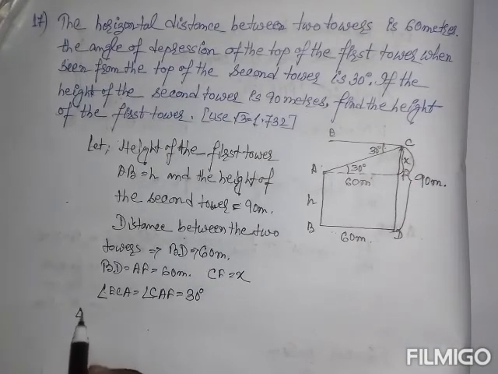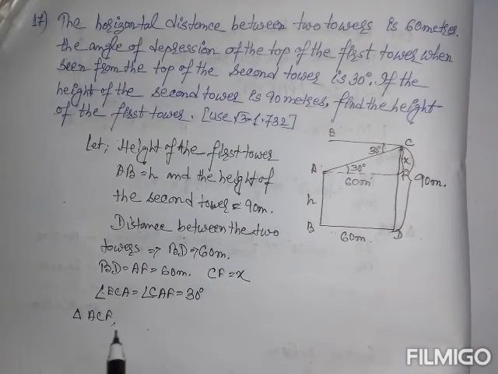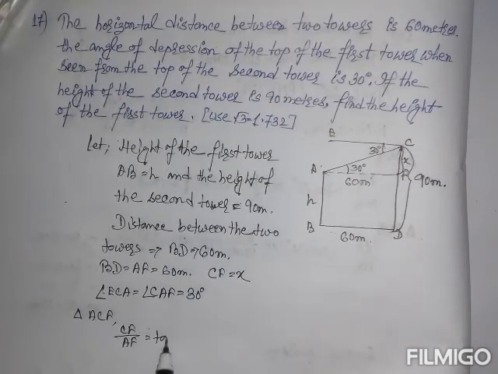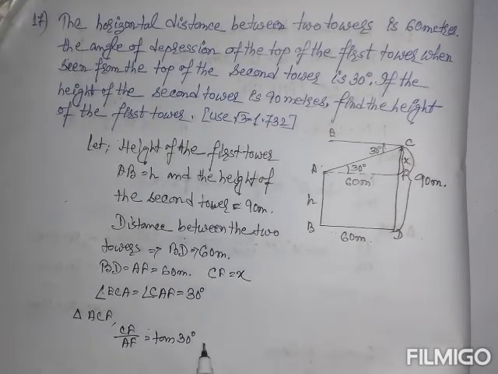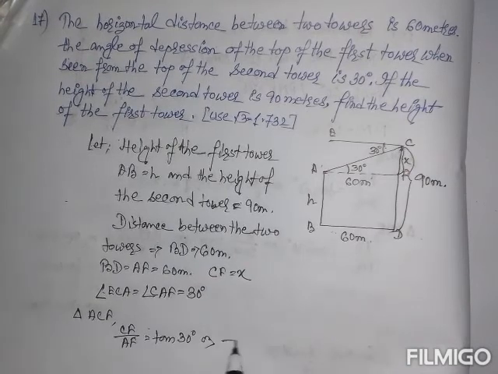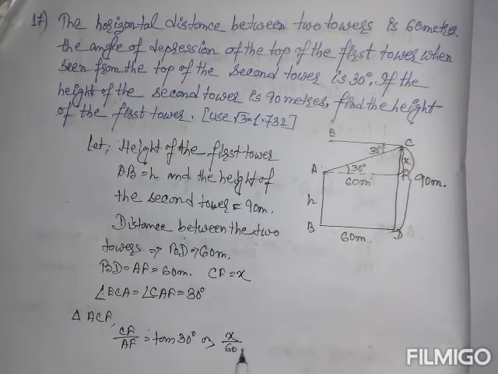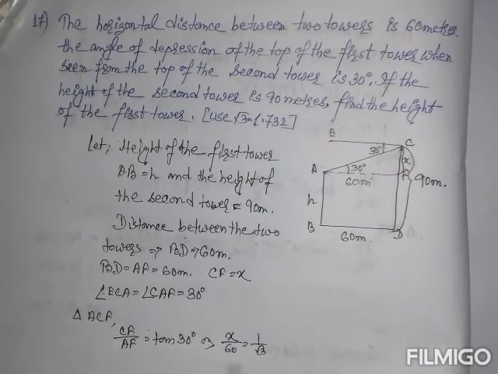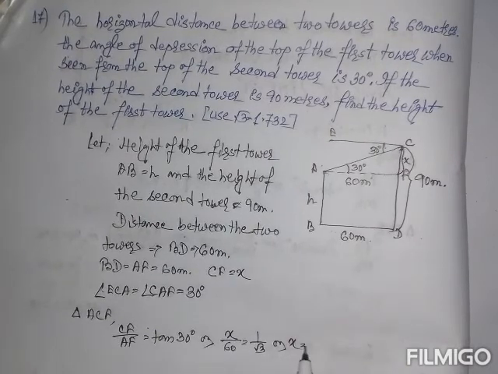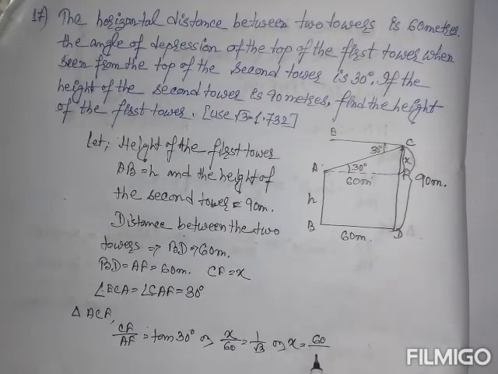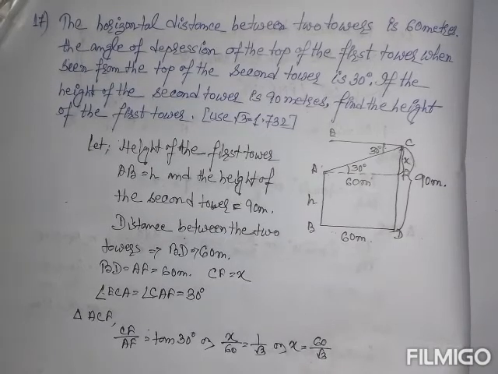Now from right angle triangle ACF we can say that CF by AF is equal to tan 30 degree, or CF means x and AF means 60, is equal to 1 by root 3, or x is equal to 60 by root 3.